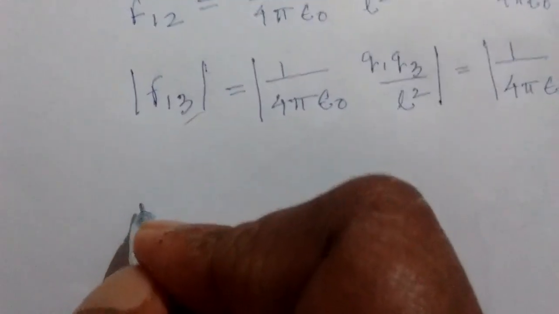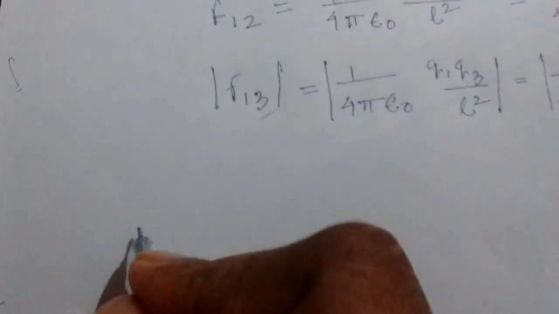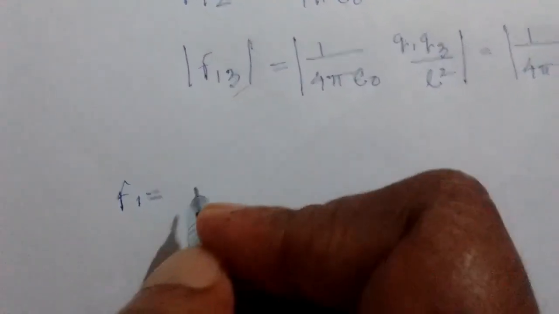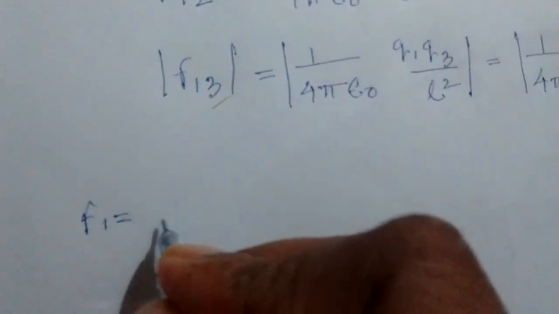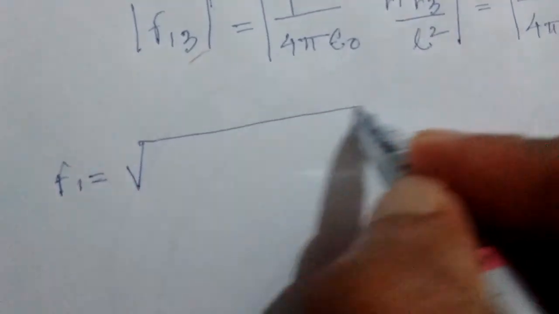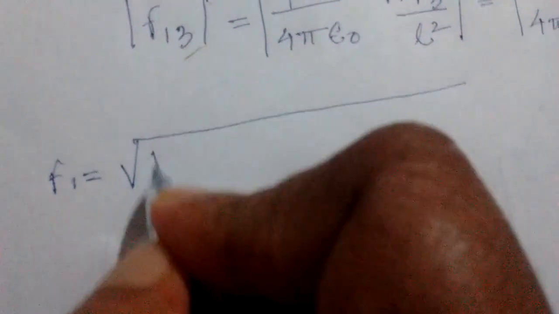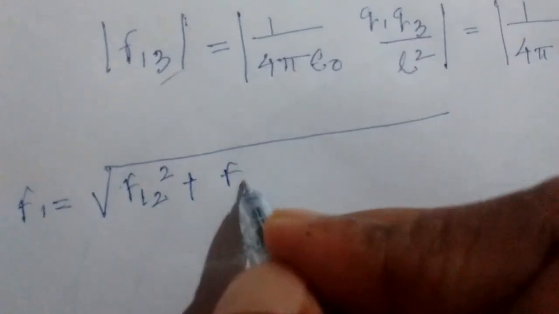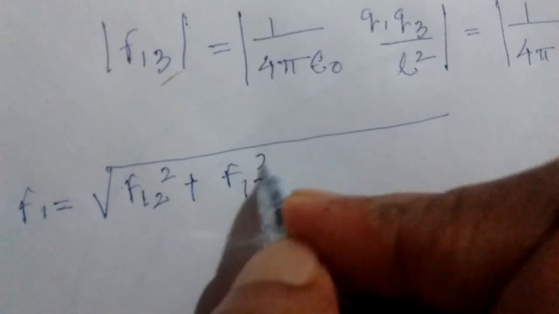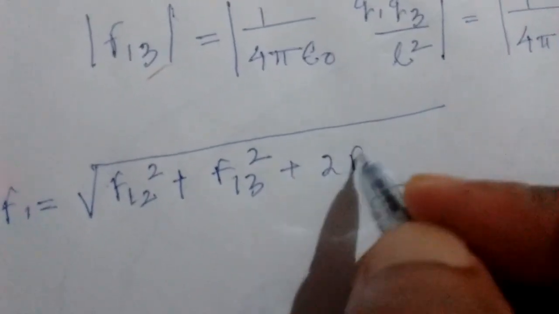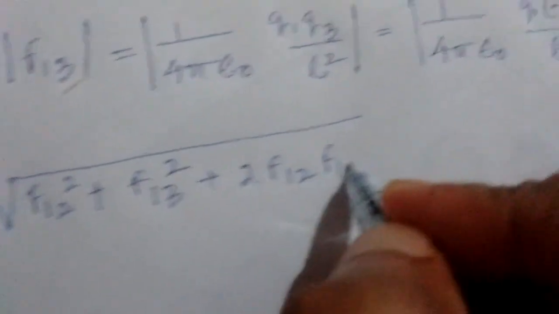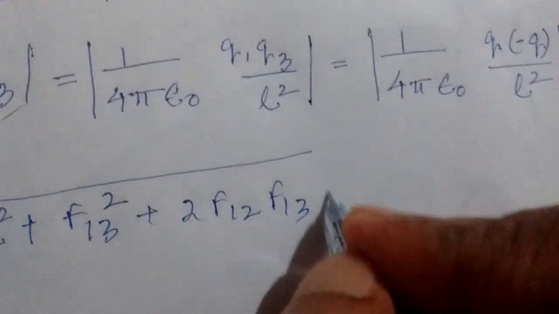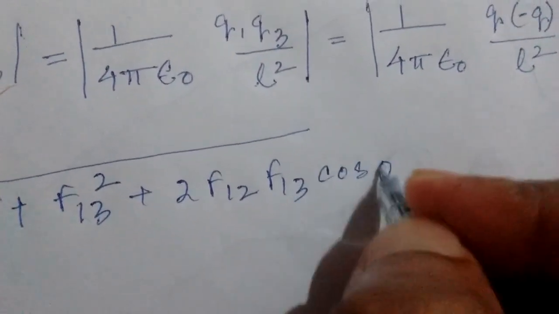Now to apply the vector addition formula, the resultant force on 1, I can write F1 is equal to root over of F12 square plus F13 square plus 2 F12 F13 cos theta.